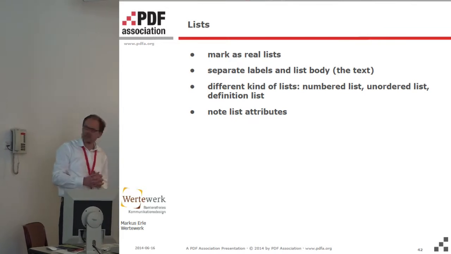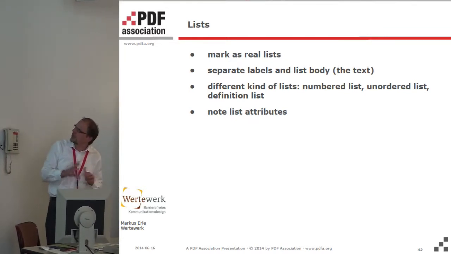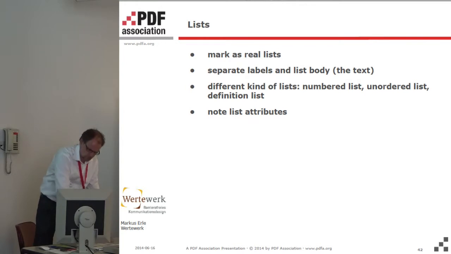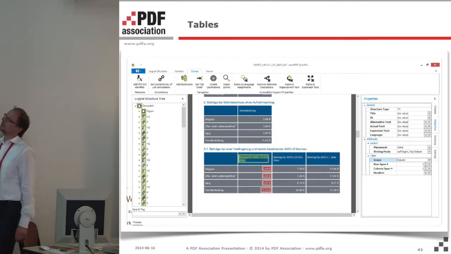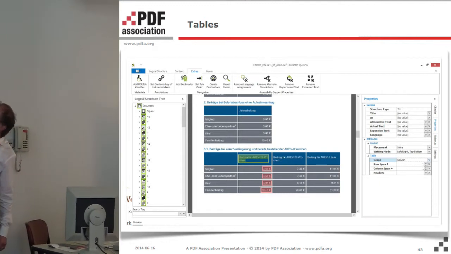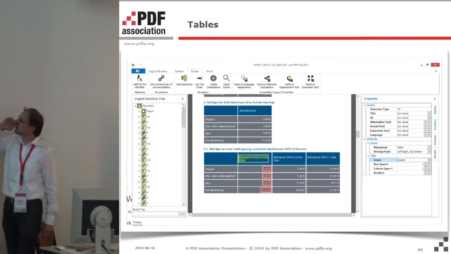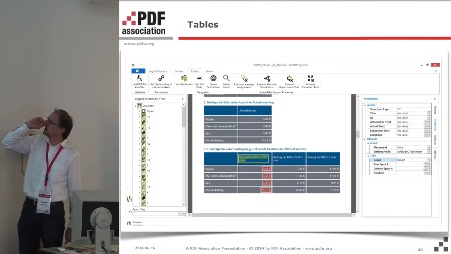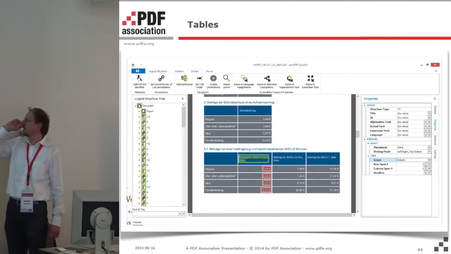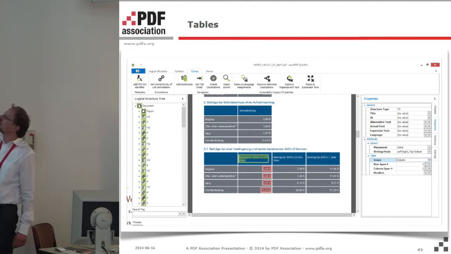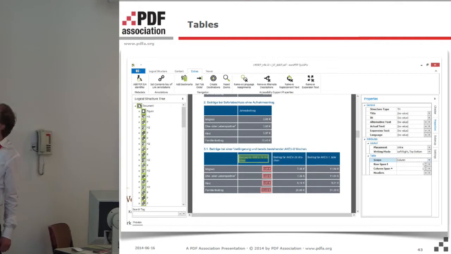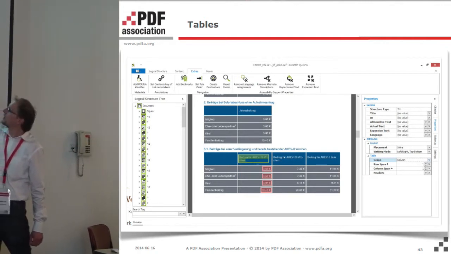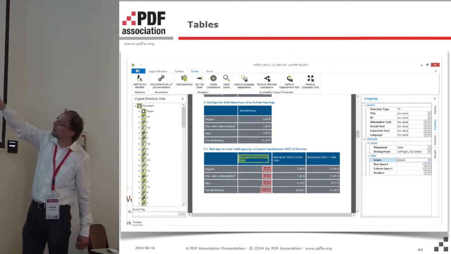There's a default setting that would be enough. And for tables, here is an example from Access PDF Quick Fix. It's a correction, evaluation and remediation tool. And for tables, it is very important to mark the table headers, independent of whether there are headers for the columns or for the rows.